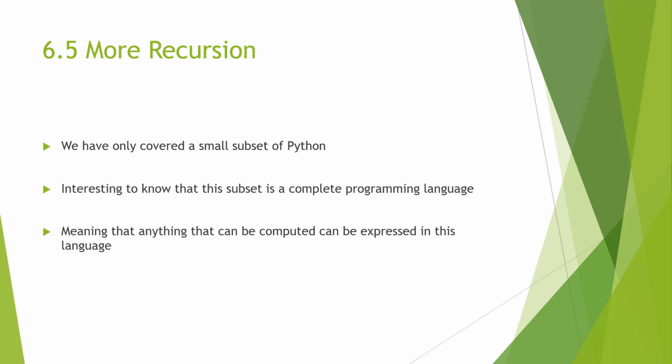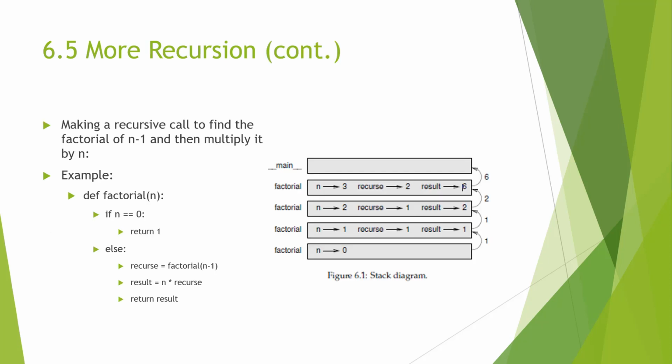So here's an example. We make a recursive call to find the factorial of n minus 1, and then we multiply it by n. So in the function, if n is equal to 0, return 1. Else we do this recursive process.